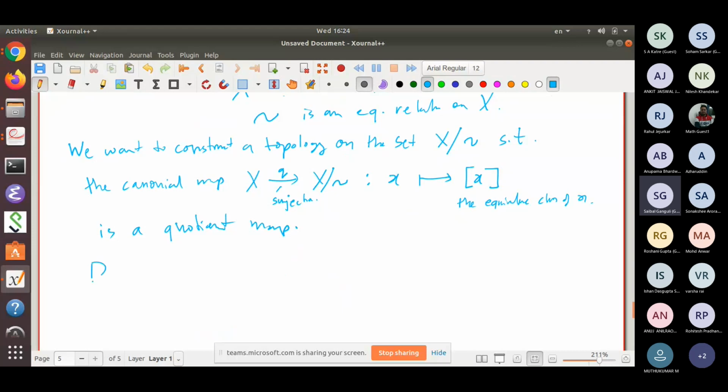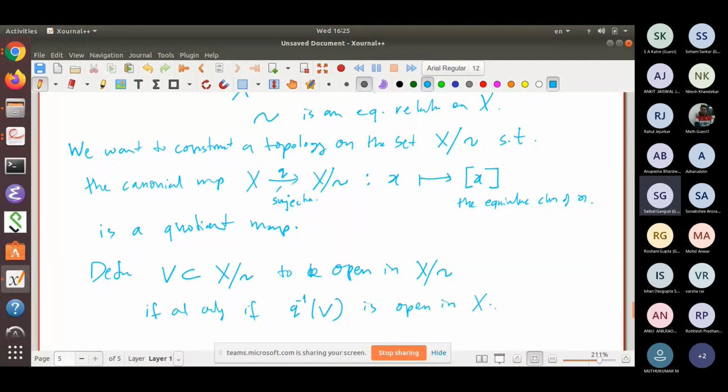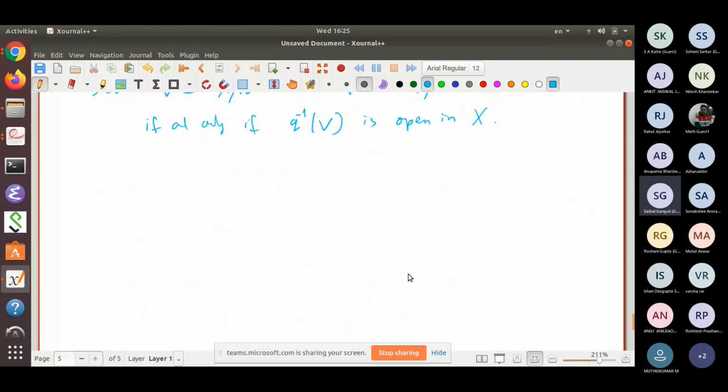So define any subset, let's call it V, contained in X mod the relation, to be open if and only if Q inverse of V is open in X. I want to draw a picture, by the way.